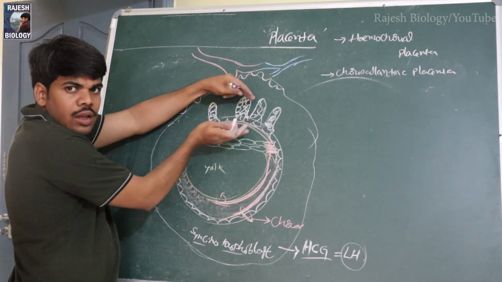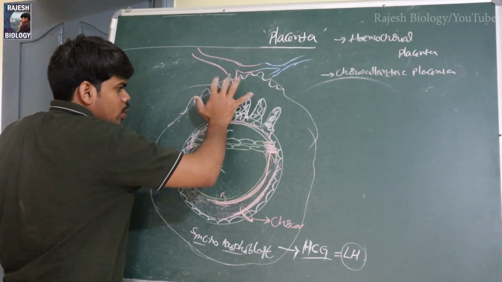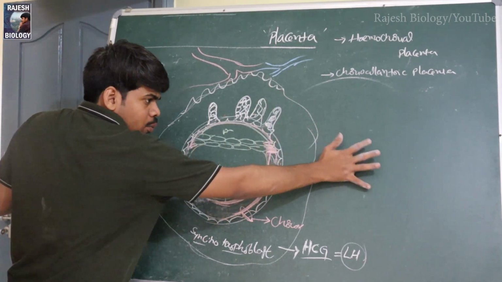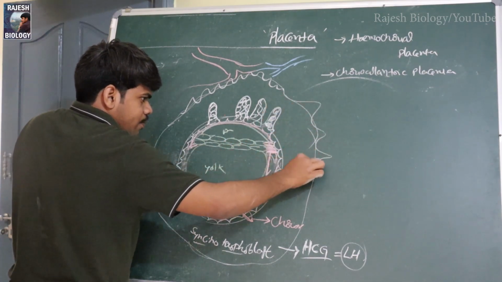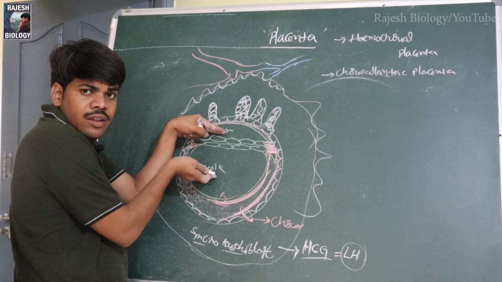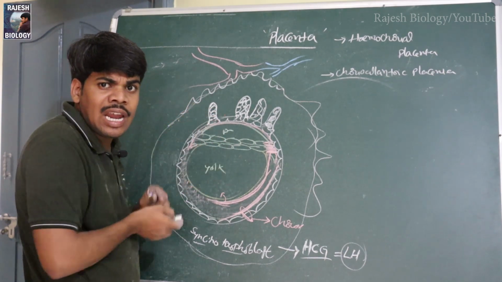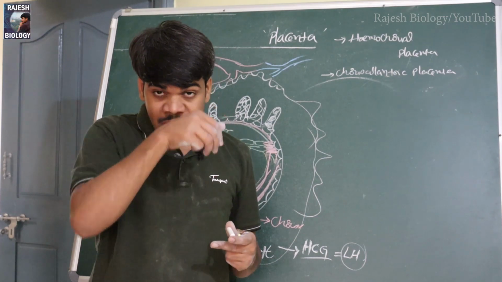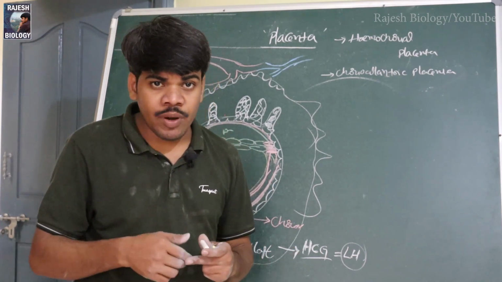All actions happen in a simultaneous manner. The syncytial trophoblast expands and invades into the endometrium. Within this it is expanding like this, and within the cytotrophoblast, the bilaminar embryonic disc converts into the trilaminar embryonic disc by forming the mesoderm, and from the mesoderm the chorion and allantois are also formed.